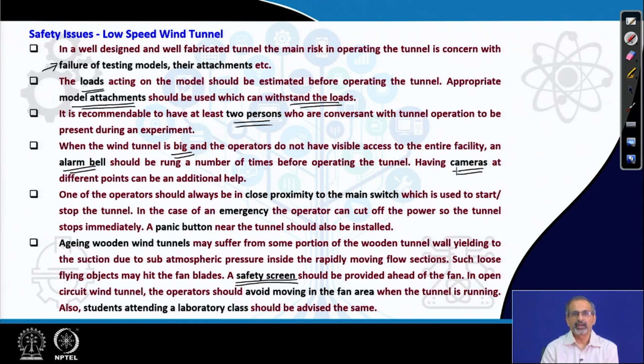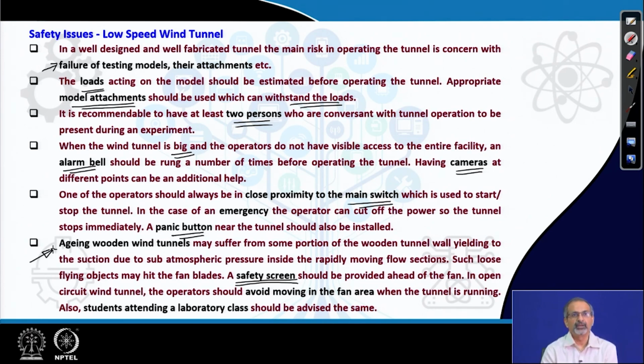The operator should have easy access to the main switch, which is used to start or stop the tunnel, so that in case of an emergency the operators can cut off the power to the tunnel and stop it immediately. There could also be a panic button close to the tunnel operating room.